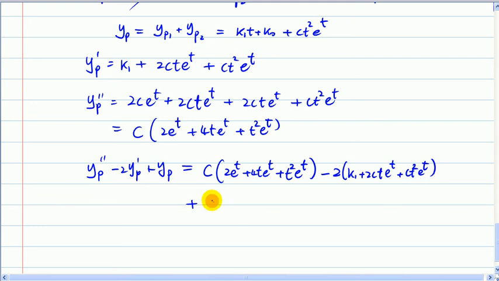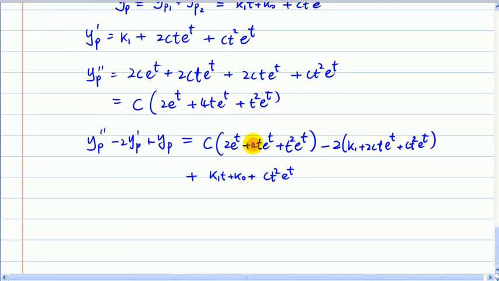So k1 t plus k0 plus ct squared et. Be extra careful what you write. Don't write anything wrong. Don't make any unnecessary mistakes.